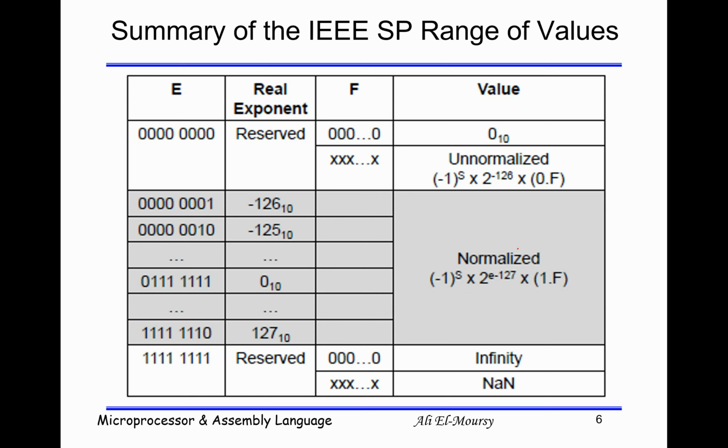The all ones exponent is reserved for infinity if the fractional mantissa equals zeros. If your fractional mantissa has any value other than zeros, this is translated as a not-a-number case by your computer system.